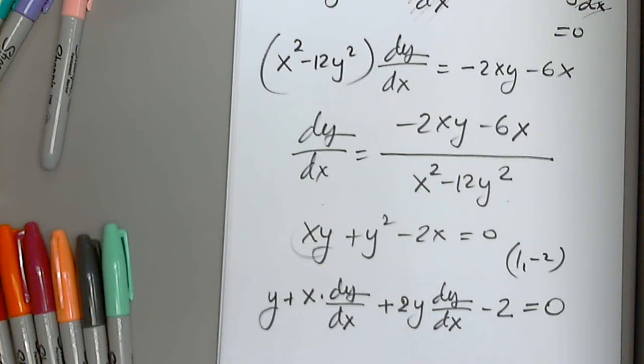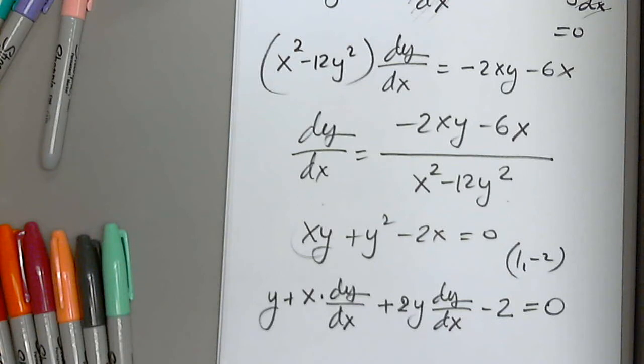The first function prime is 1 times the second one, plus the first function times the second function prime. Plus, we differentiate the function to a power: 2, we subtract 1 from the power, times the inner function prime, which is dy over dx. Then negative 2x prime is negative 2, equals 0.